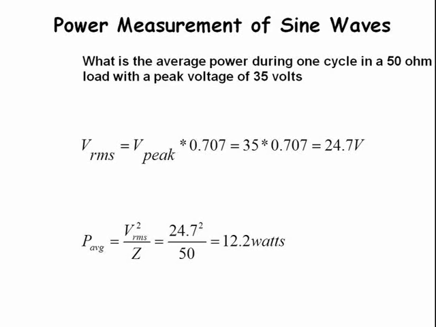What is the average power during one cycle in a 50 ohm load with a peak voltage of 35 volts? Well, volts RMS equals peak volts times 0.707, which is 24.7 volts. Average power equals RMS voltage squared over impedance, which equals 12.2 watts.